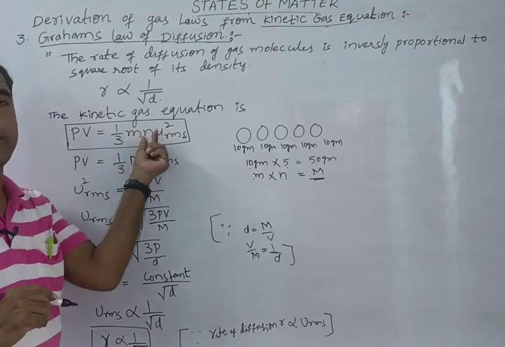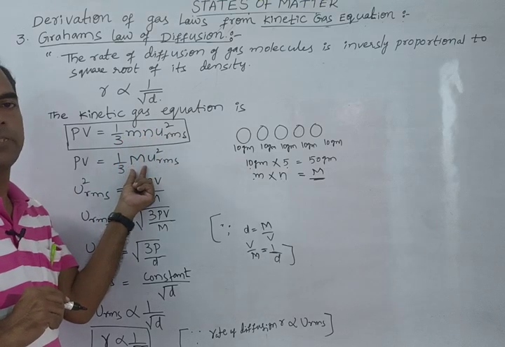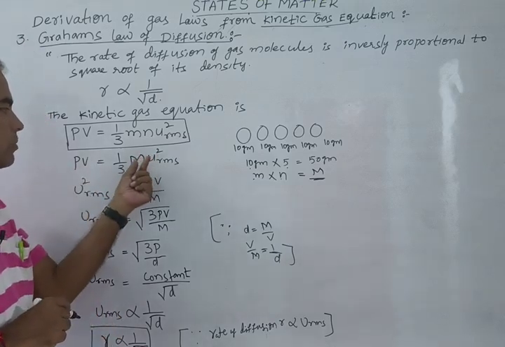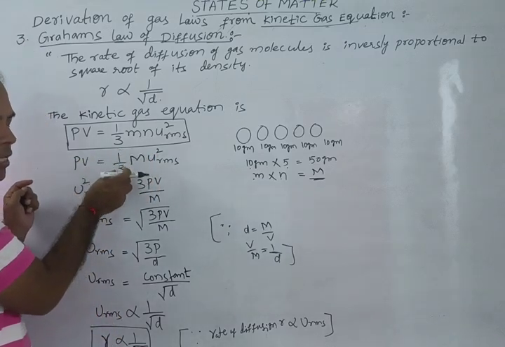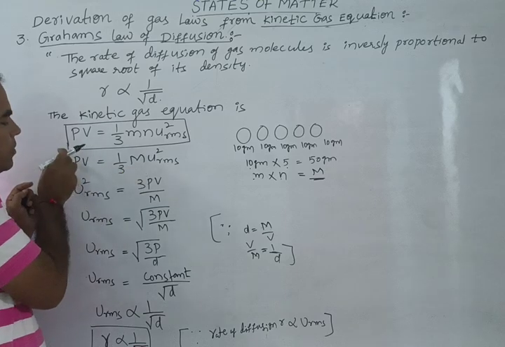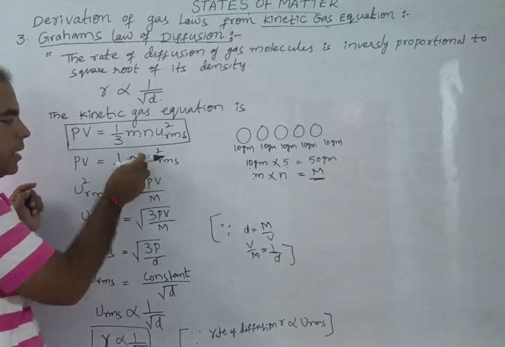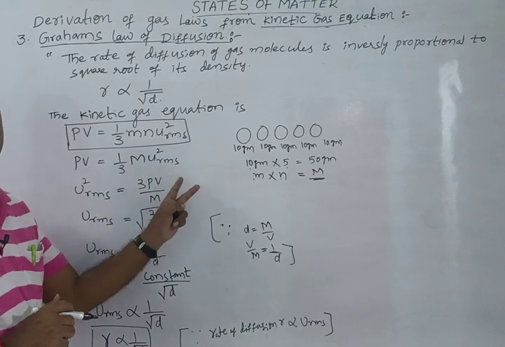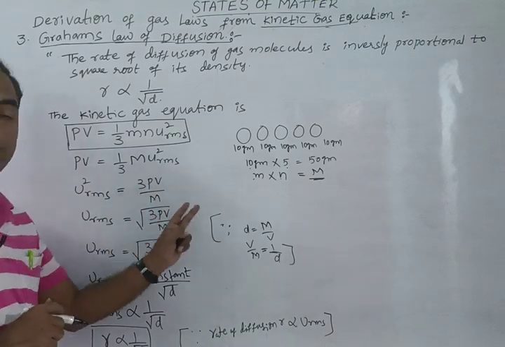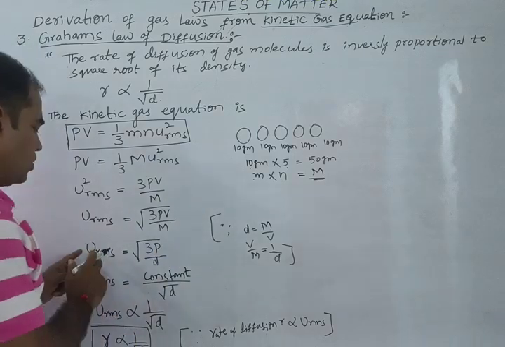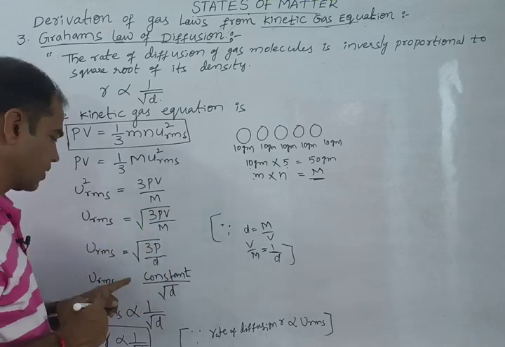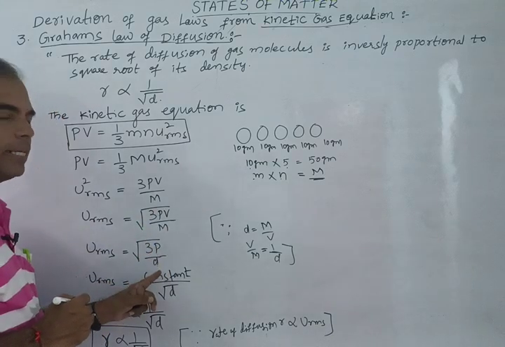Instead of m into n, I can represent the capital M, that means total mass or molar mass of the gas molecules. U square RMS equals 3 PV by M, then U RMS equals under root of 3 PV by M. Instead of V by M, I can represent 1 by D, under root of 3 P by D.